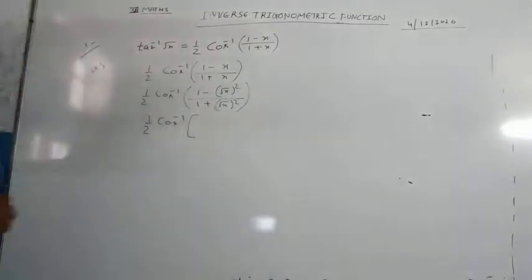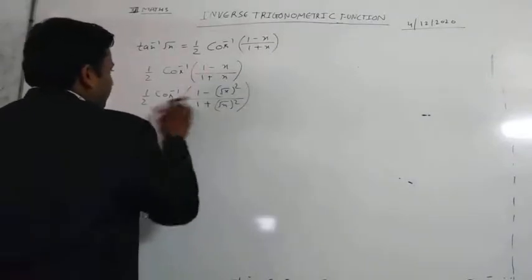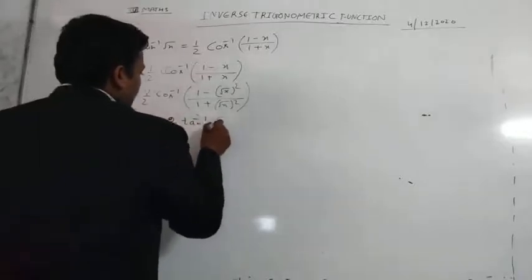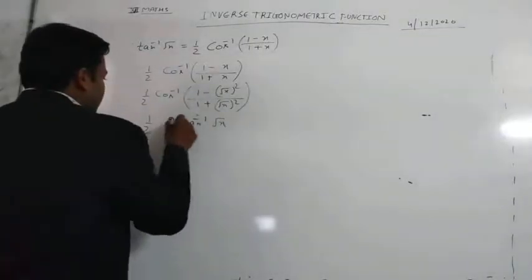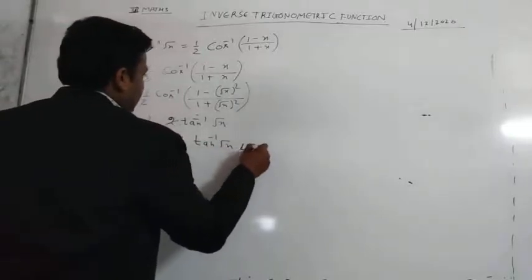This is the formula of cos inverse, we can write 2 tan inverse root x. This is the formula of this, and the 2 will cancel. We can write tan inverse root x, which is our left hand side.